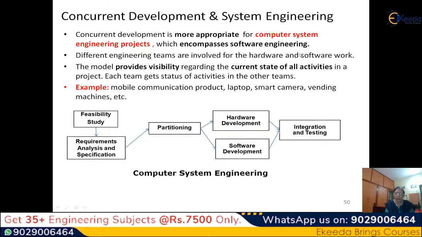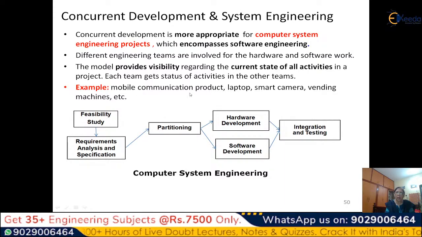You have a hardware engineering activity, and then you have a software engineering activity. System engineering will include both software engineering and hardware. So the hardware is dependent on the software, and the software is dependent on the hardware. So it has to be done together, and it has to be done by two different types of people. The model provides visibility regarding the current state of all activities in a project. So these people can know what the other people have done.